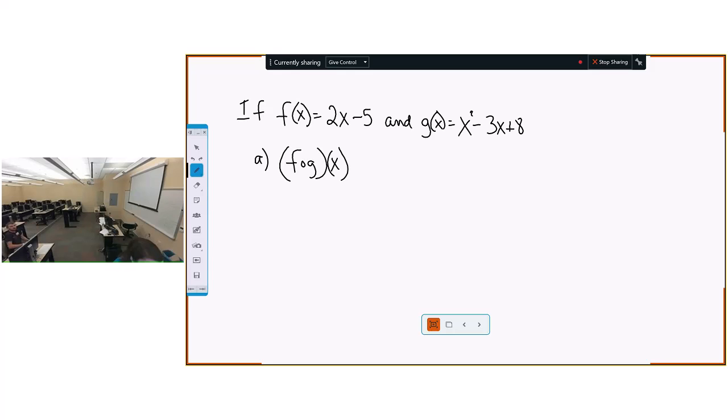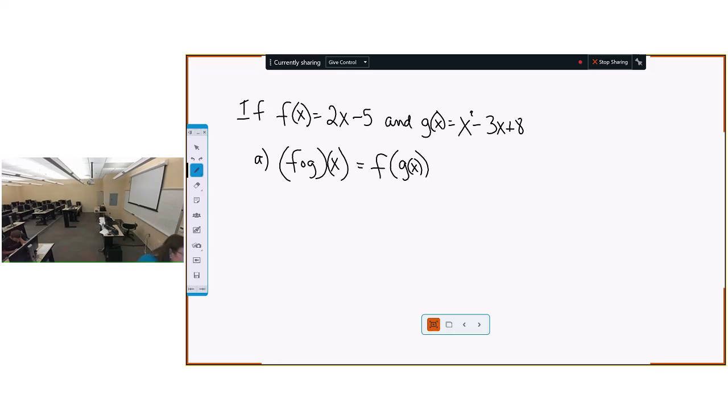We know that's written as f of g of x, where g of x, which is x squared minus 3x plus 8, is the inner function that's going to serve as input into f of x.